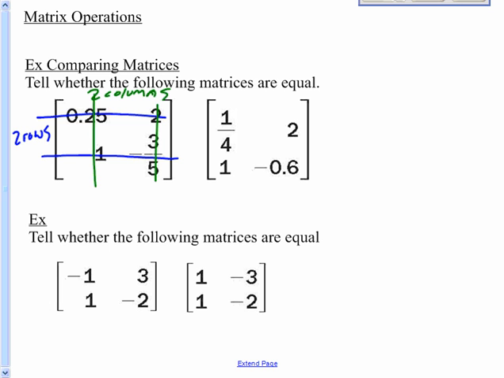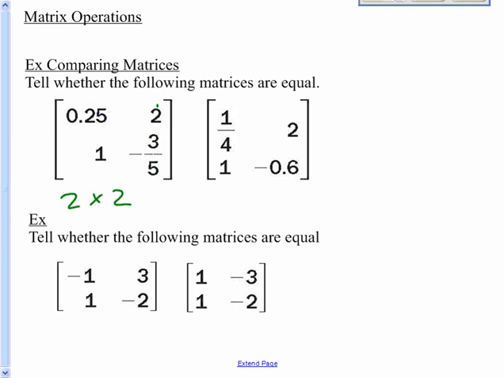So this is a 2 by 2 matrix, okay? Two rows by two columns. Now you're comparing this other one. Is this other one two rows by two columns? So they're both the same dimensions, okay?